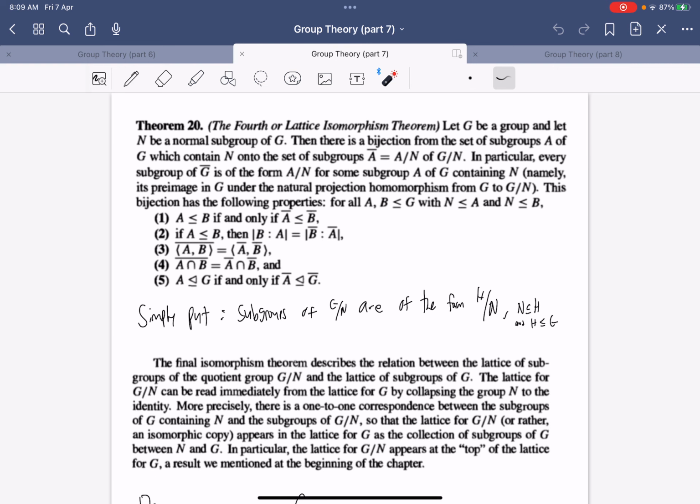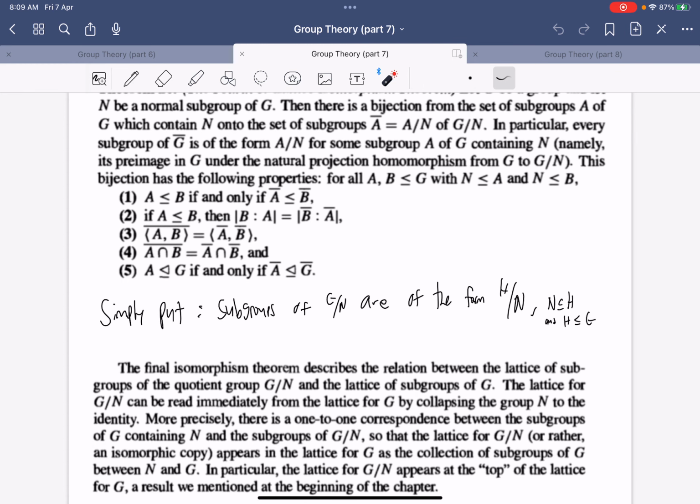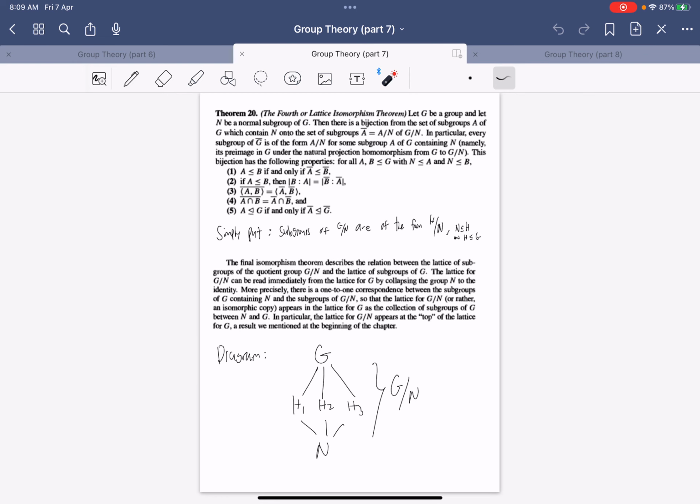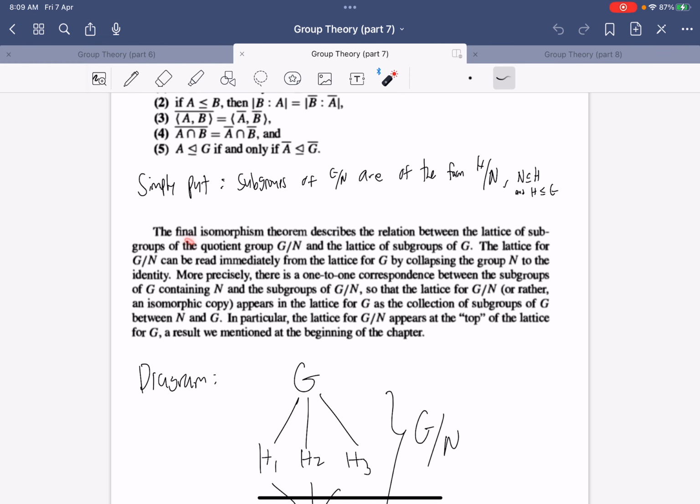And so simply put, you can just say that the subgroups of G quotient N are of the form H quotient N, where N is a subset of H, and H is a subgroup of G. So you can just think of it in this form, and you can just switch between the two. And so we are saying that it describes a relation between the subgroups of the quotient group and the structure of the subgroups of G.